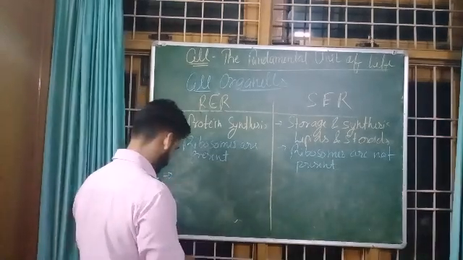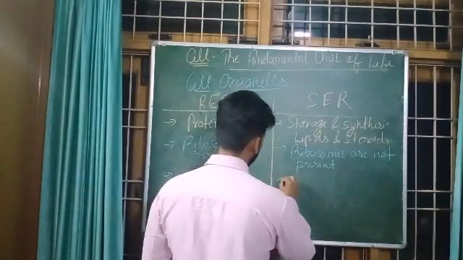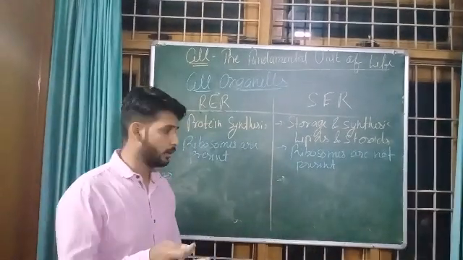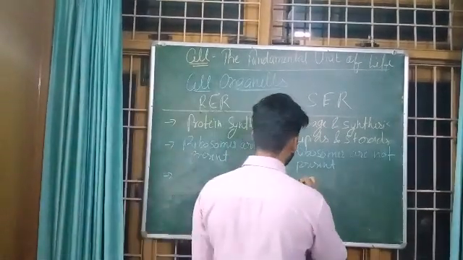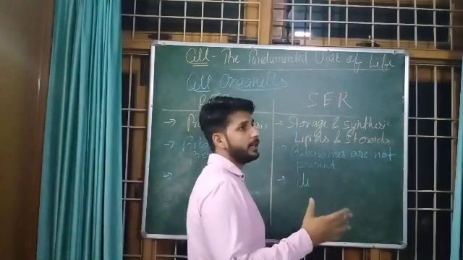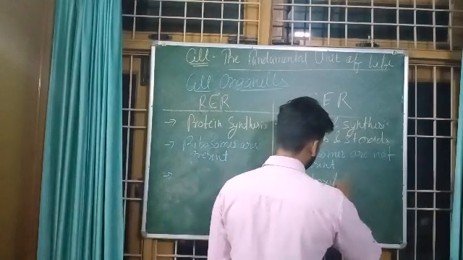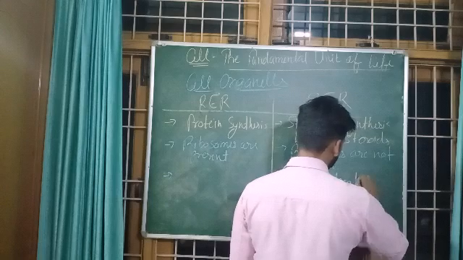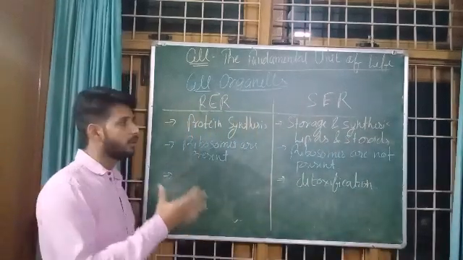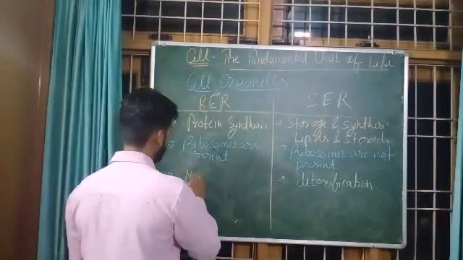Next is, in smooth endoplasmic reticulum, I told you about detoxification. The detoxification activity takes place in the endoplasmic reticulum of liver cells. So it is done by the smooth endoplasmic reticulum of liver cells. No such activity is there in the rough.